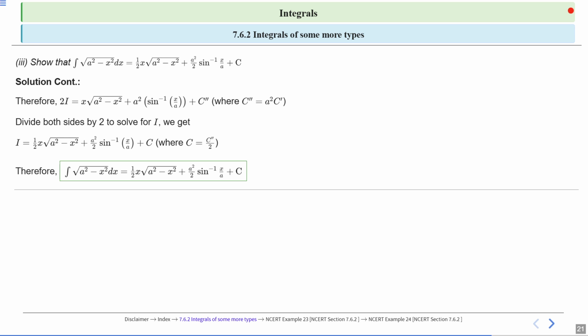And to solve this type of problem where integration of root under any polynomial, we try to convert into the form of these three and we directly apply this formula. So it is necessary to remember this formula to solve the problem without using by parts.